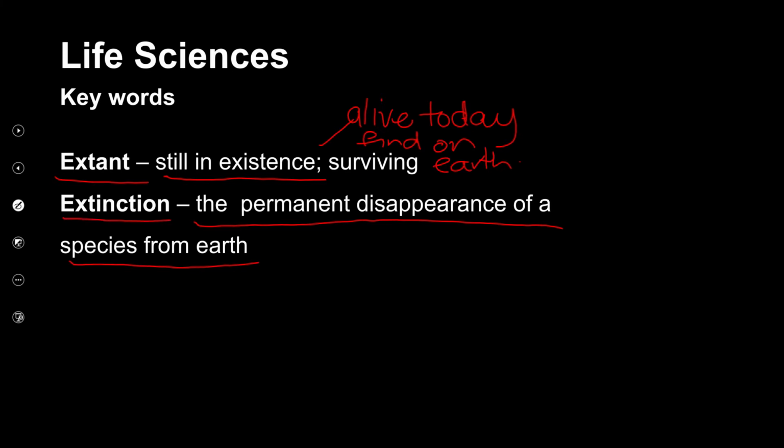Extinction is the permanent disappearance of species from the earth. For example, the dinosaurs are no longer on Earth, but in the fossil record we find evidence that they did exist.